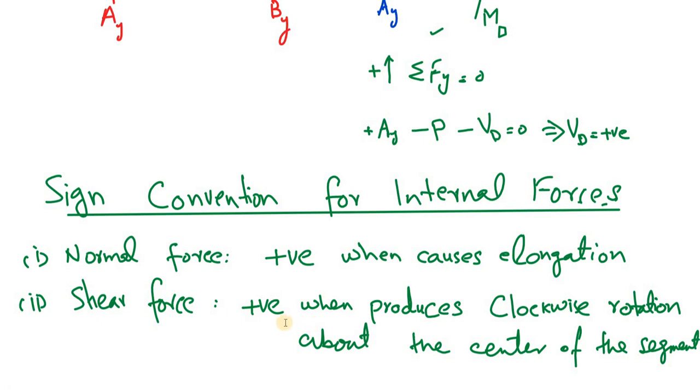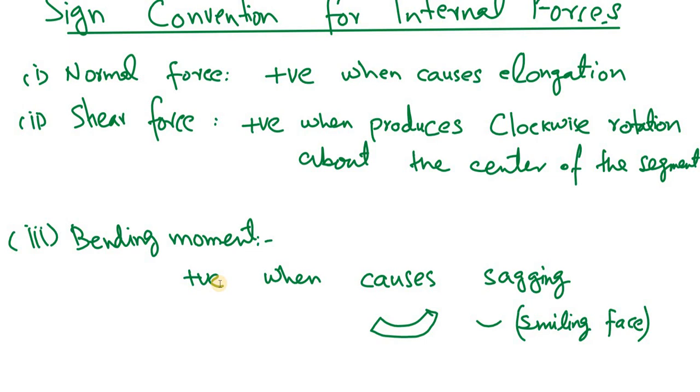We consider a shear force positive when it produces clockwise rotation about the center of the segment. For bending moment, we consider it positive when it causes sagging, or a better way to remember is when it causes the segment to smile. This is the smiling face. So when it causes the segment to smile, you consider it positive.